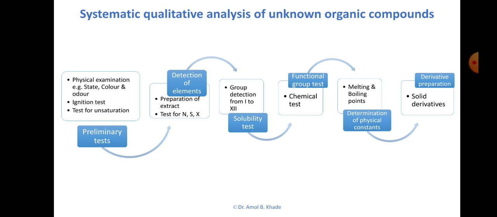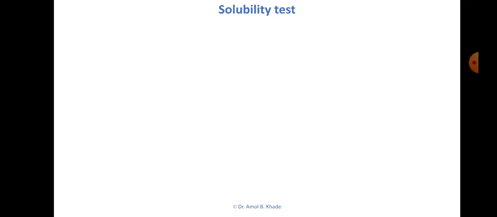Still, if you are not able to identify the compound, you can convert it into a suitable derivative by a particular chemical reaction, and then you get a pure solid derivative which will have a very sharp melting point. Based on this you can easily identify the given unknown organic compound, whether it is a liquid or a solid.